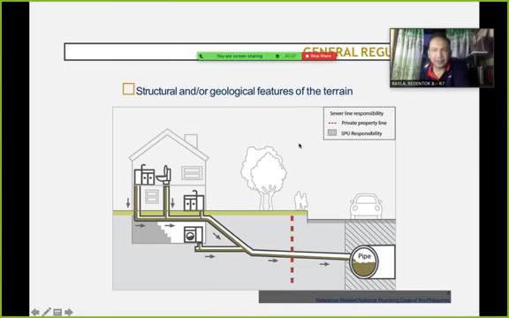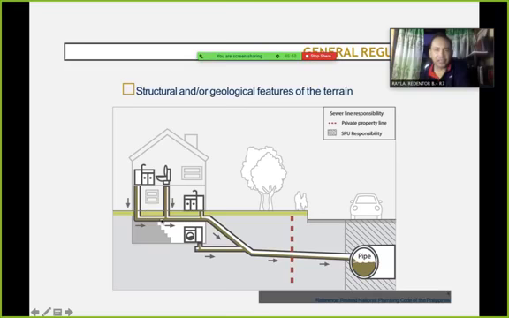So we have the sewer line. Responsibility here: there is a standard distance from the building to the public sewer.